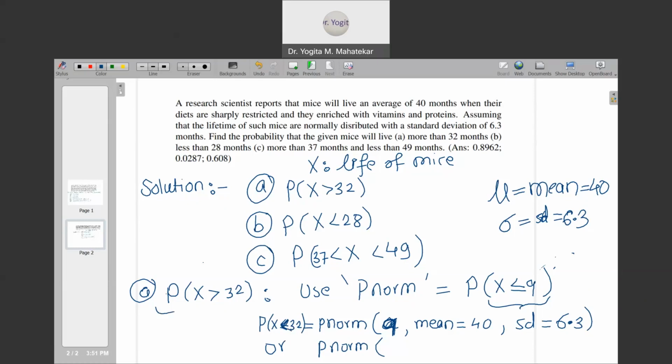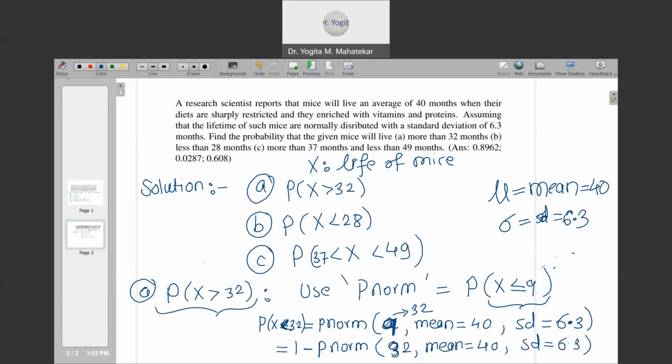But we want the probability that X is greater than 32. So I will do 1 minus pnorm of this q. Right now q is taking the value 32. So it will be 1 minus pnorm of 32, mean is equal to 40, and standard deviation is equal to 6.3.